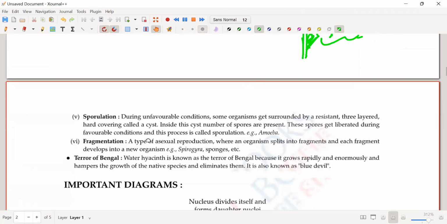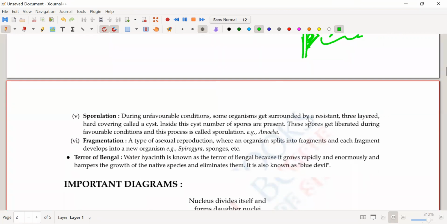Then what is sporulation? During unfavorable conditions, some organisms get surrounded by a resistant three-layered hard covering called a cyst. Unfavorable condition. Consider now, it is really hot, isn't it? What do mosquito eggs do now? There are not that many mosquitoes. How come?